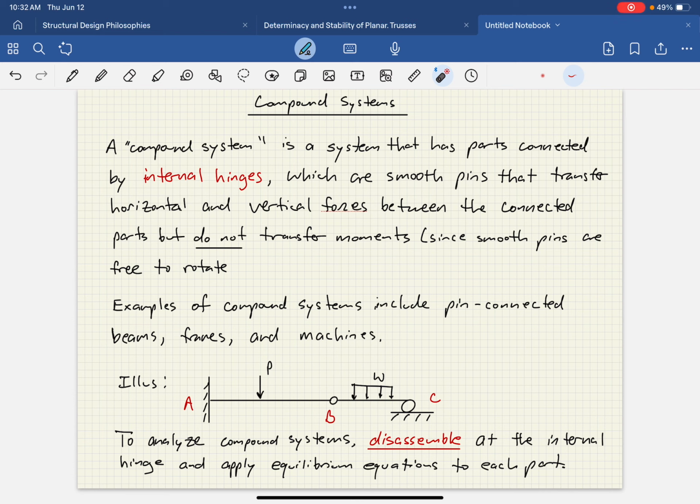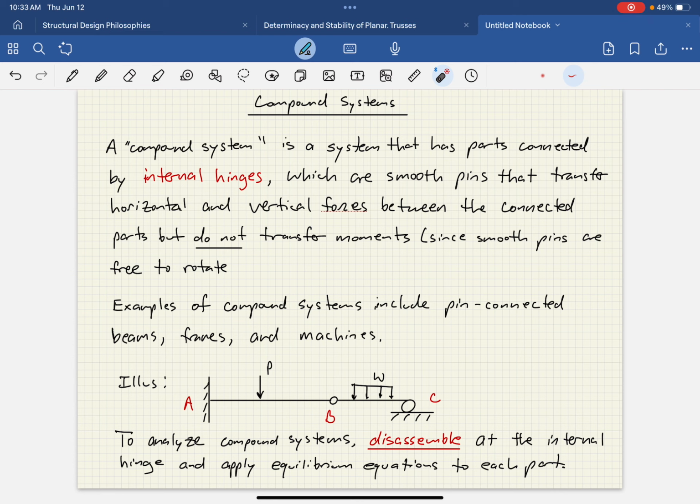A truss system has members connected by smooth internal hinges, yes, but remember, trusses specifically have applied loads or applied forces at joints, okay? Now, a compound system could have loads applied anywhere along the members themselves, okay? So let's get back to our background information, and then we're going to kind of cycle back to this idea of how these systems are loaded later.